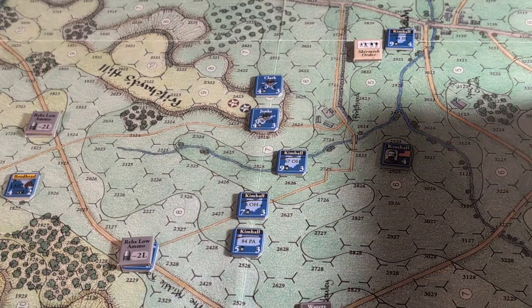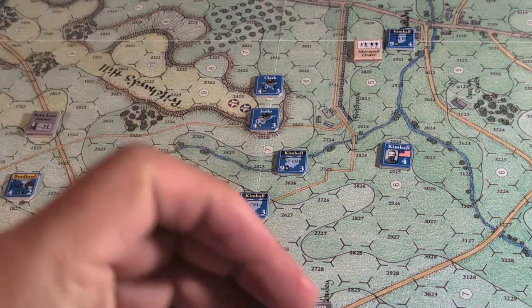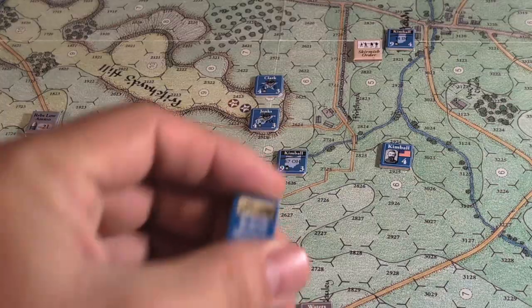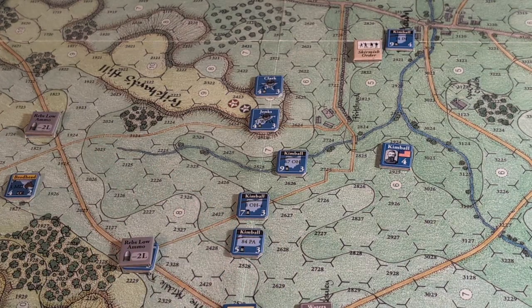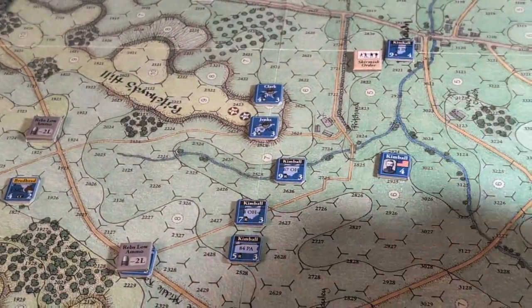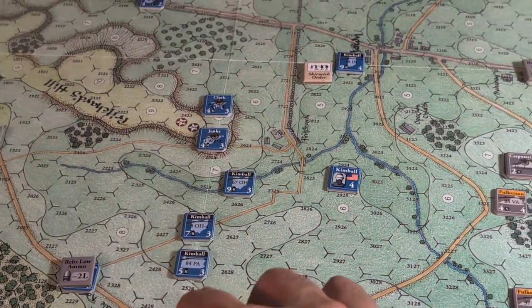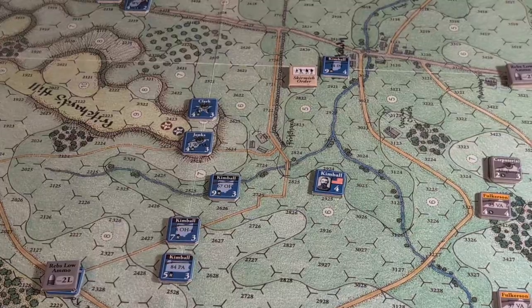Should have used Union fatigue. Brigade reserve movement. That means someone else can move. But then I think I might be able to use this fatigue.